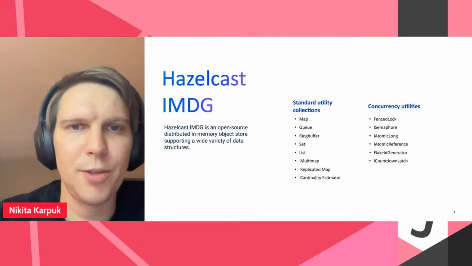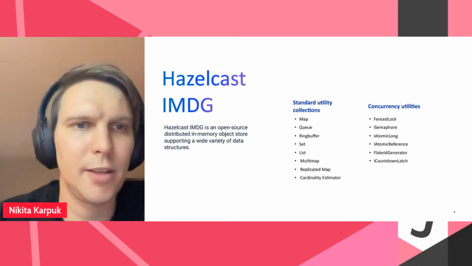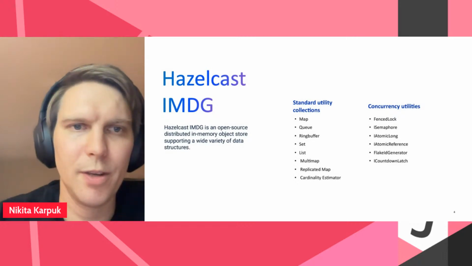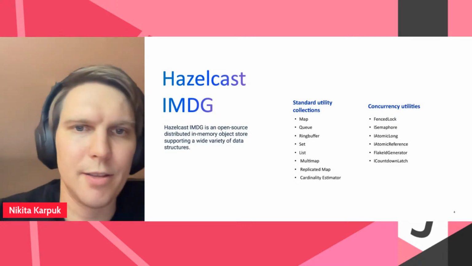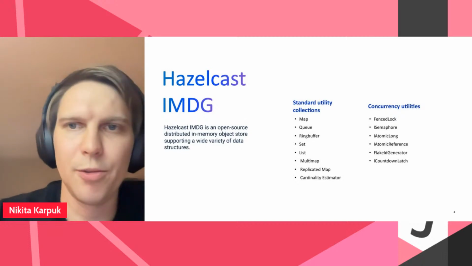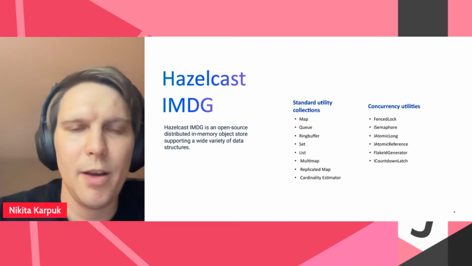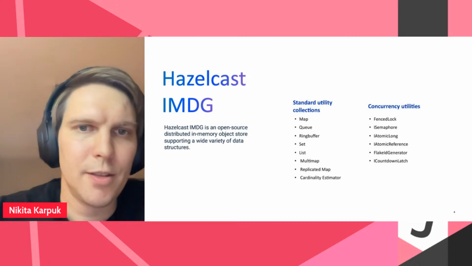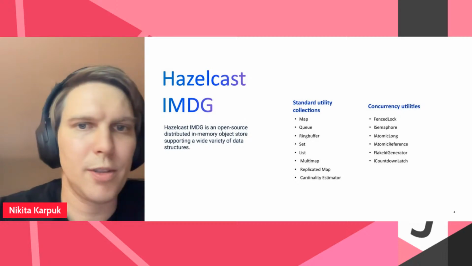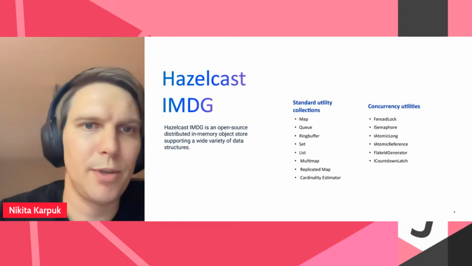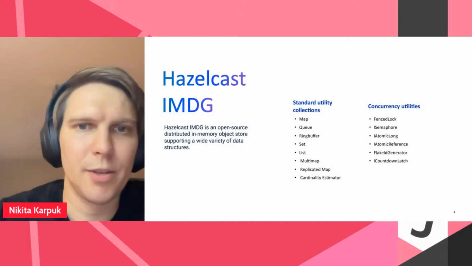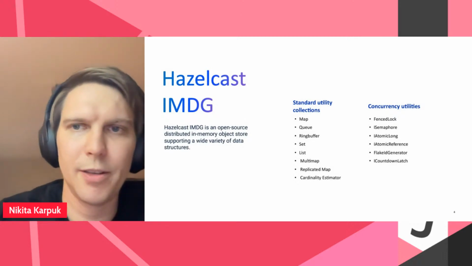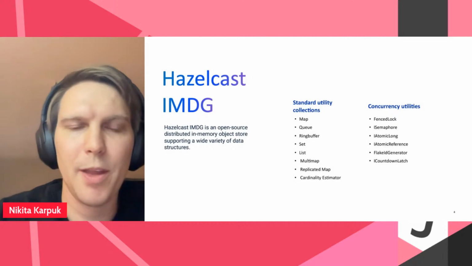And here we need to distinguish two sets of these data structures. The first one is standard utility collections, like map, set, list, queue, which are familiar to any Java developer. And these data structures work out of the box. So if you spin up a cluster, you could get any of these collections, fill with data, get data from it, and everything is cool and super fast.